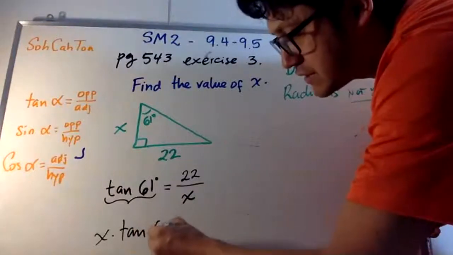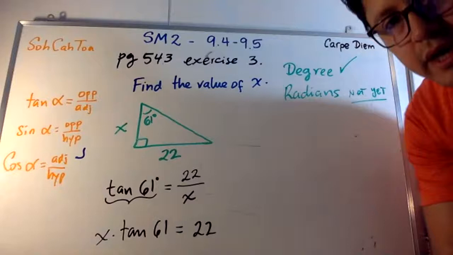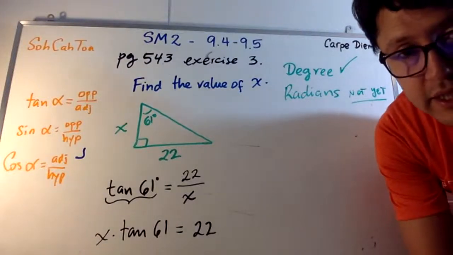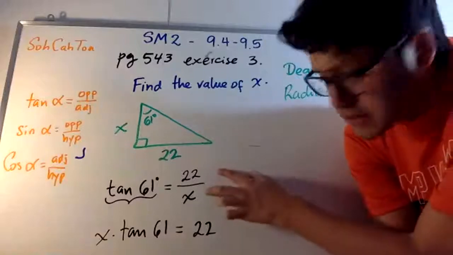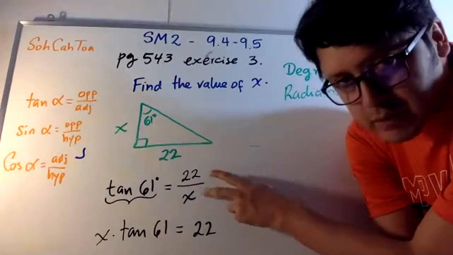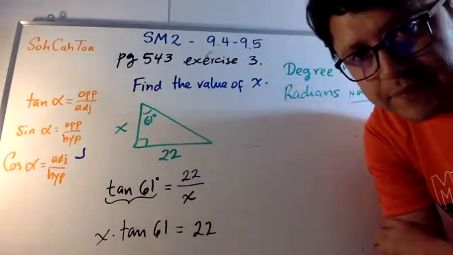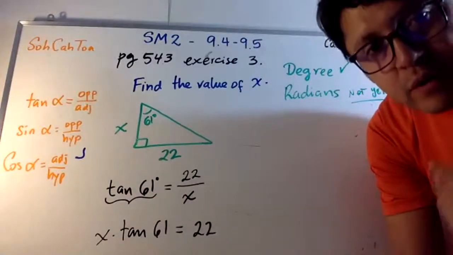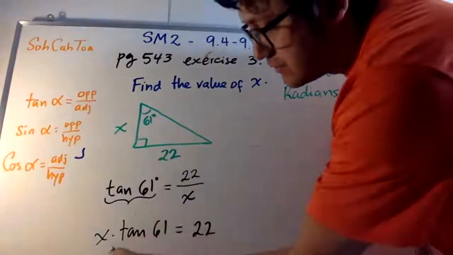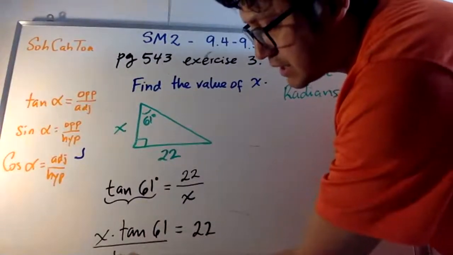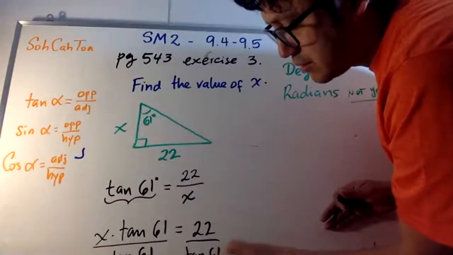So tangent of 61 times x equals 22, okay? If I multiply by x on both sides, this x cancels with that x, and then we just have this x right here, okay? Keep that in mind. And now if I want to finish solving for x, I have to divide by tangent 61 on both sides, okay?